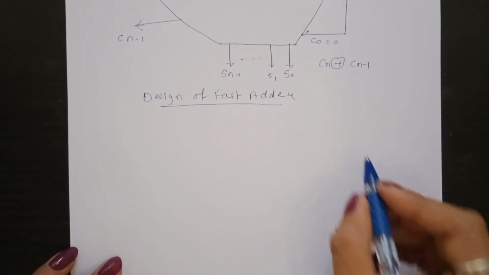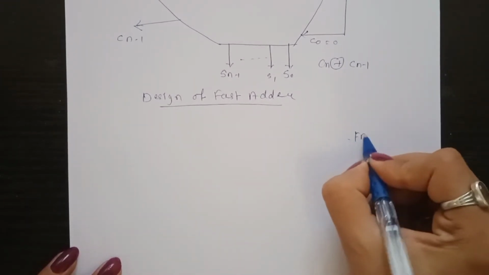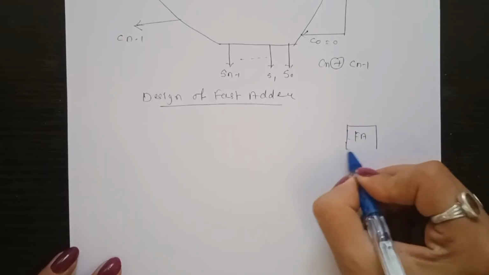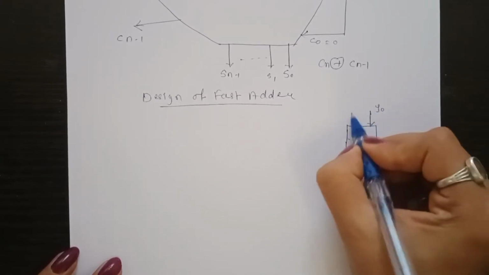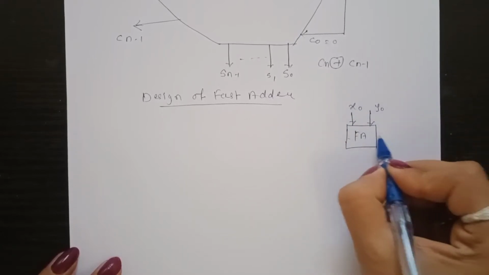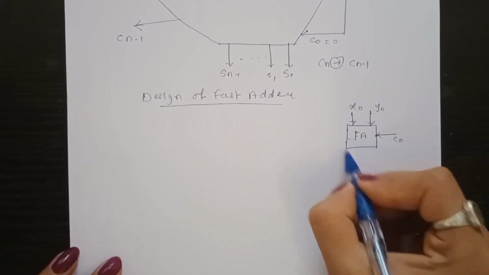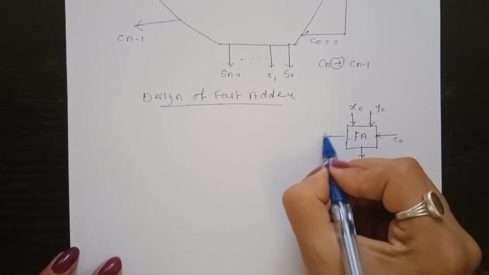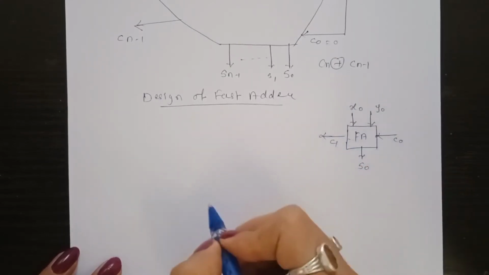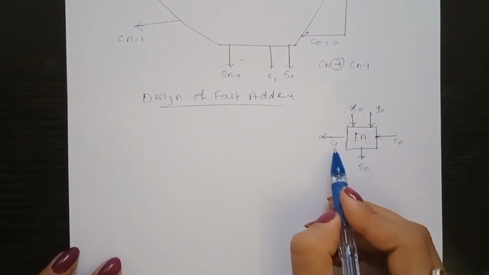So what is the block diagram for an n-bit ripple carry adder? First we require one full adder. Inputs are y0, x0, carry in, sum is S0, and carry out is C1. Because it is C0, it is C1.